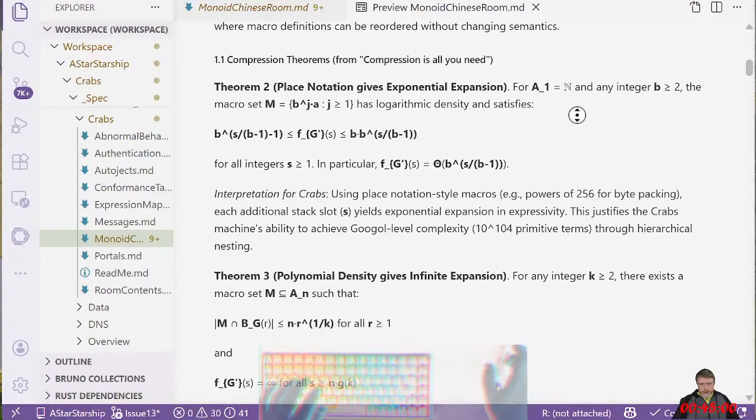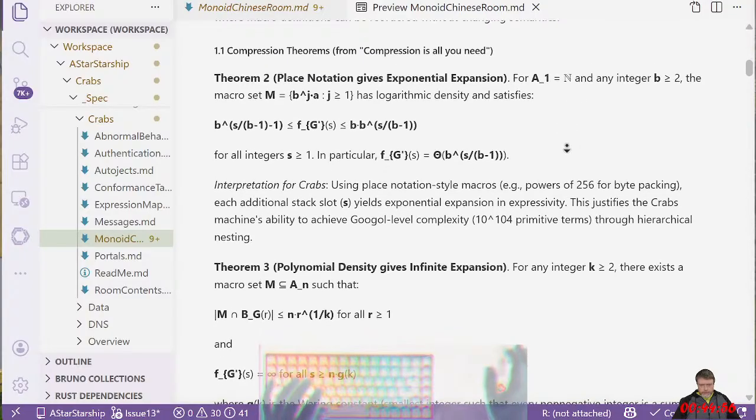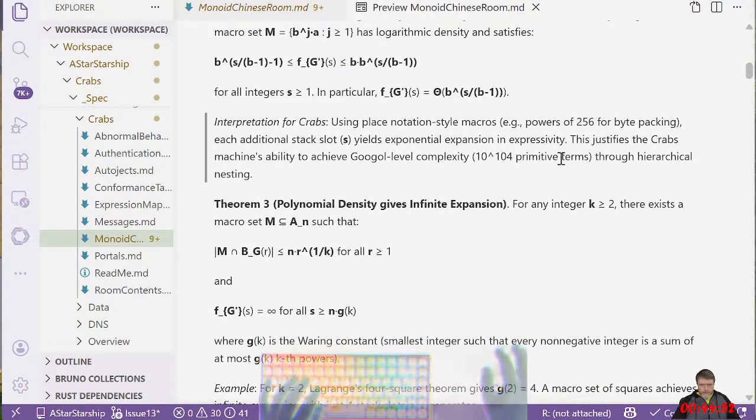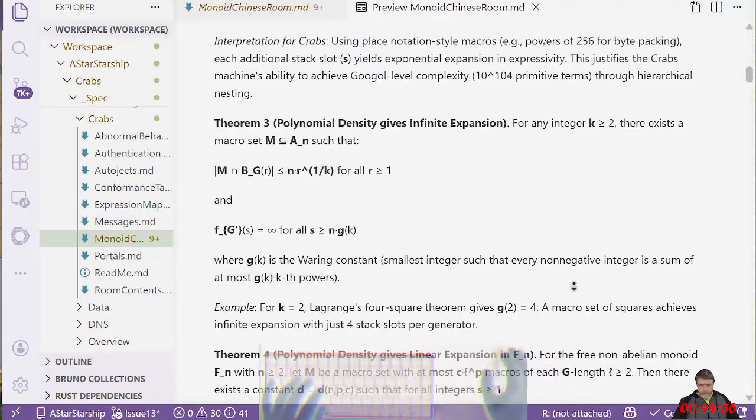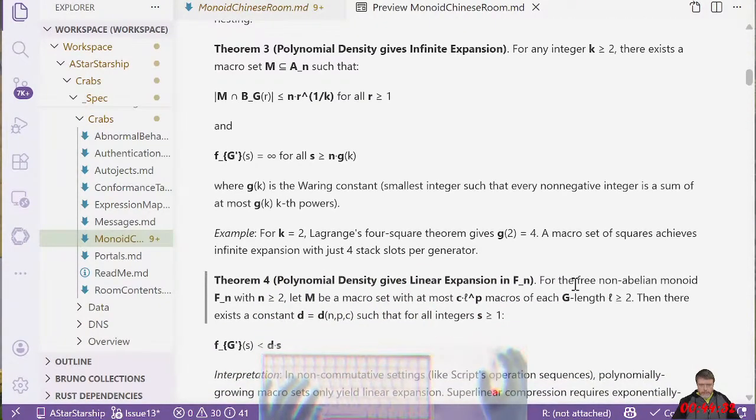Where my mouse is jumping all over the place over here. Wait.